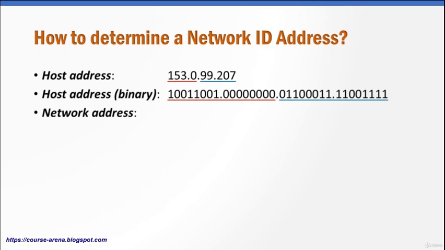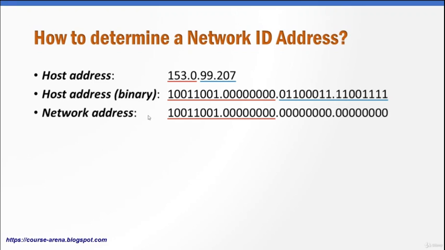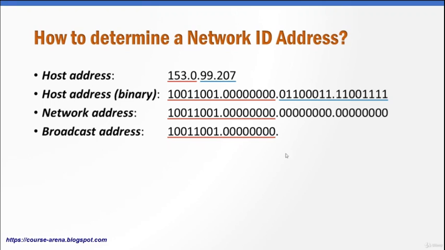To determine our network address, we're going to just copy the network portion, and into the host portion, we're going to put all zeros. So this is our network address. It's actually going to be 153.0.0.0. How do we determine the broadcast address? We're going to copy the network portion, and we're going to use ones instead of zeros in our host portion.